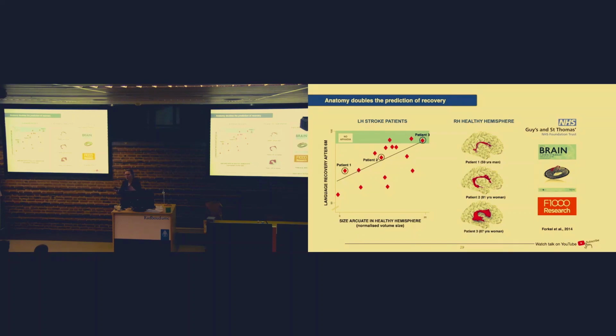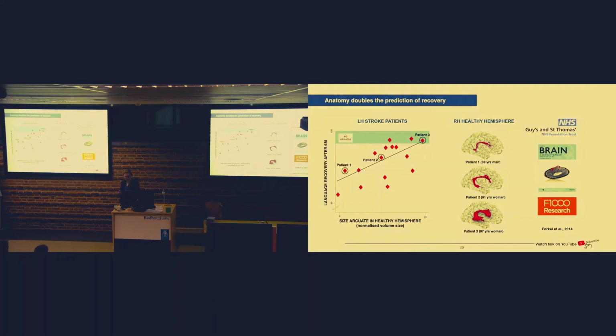What's remarkable about the study is that when you just look at clinical and demographical data, clinical data being the severity scores, demographical data being age, sex and education, you can predict about 30% of the recovery. When you add in the anatomy, you can double that to nearly 60%, which is quite a good prediction. So it does matter that we are different looking at stroke patients.